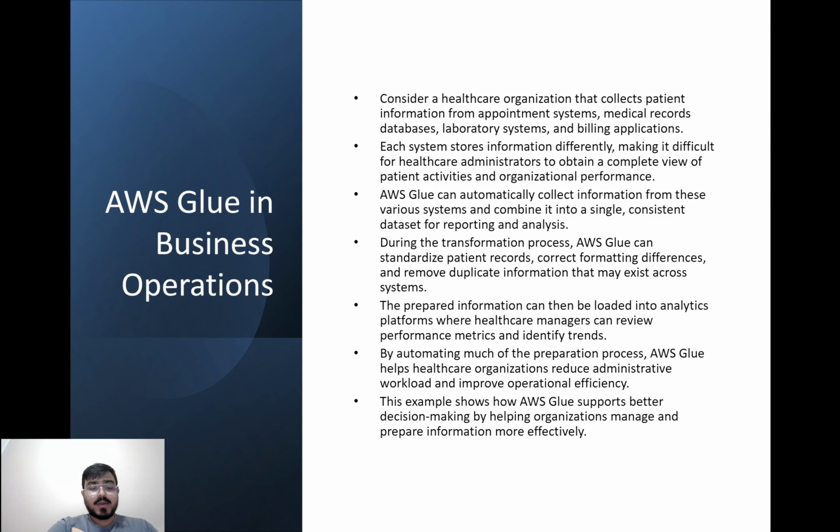Once the information is prepared, it can be loaded into an analytics platform where managers can review reports, monitor performance, and identify important trends. By automating much of the preparation process, AWS Glue reduces administrative workload and improves operational efficiency. This example demonstrates how AWS Glue helps organizations make better decisions by improving how information is managed and prepared.